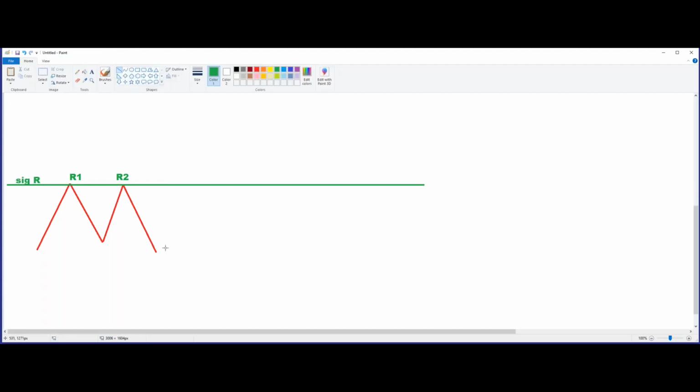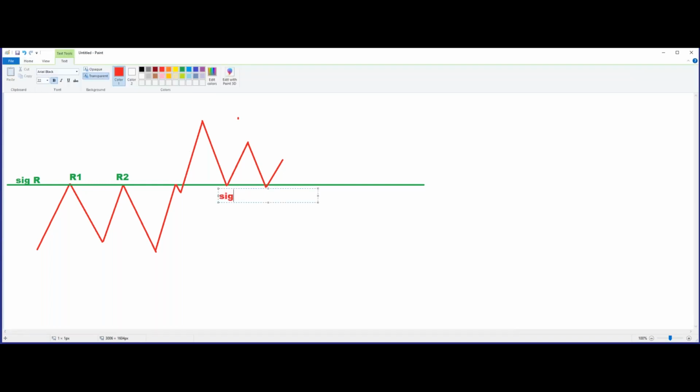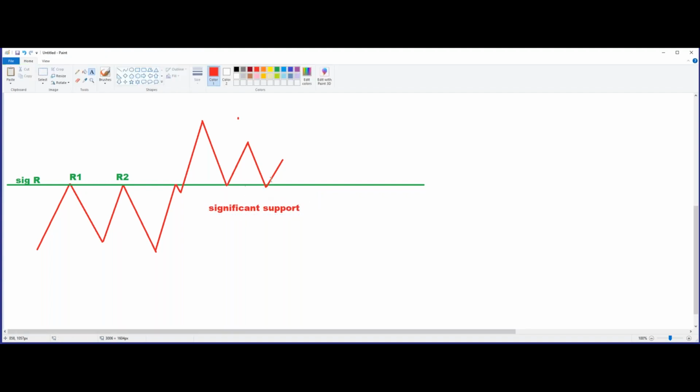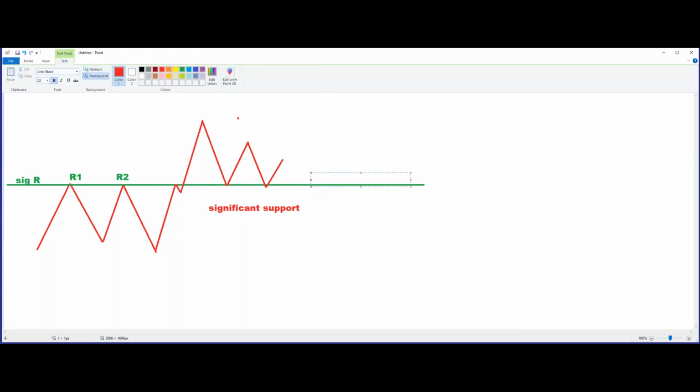Then suddenly price breaks up, and let's suppose it goes like this, going up, and suddenly going down again, going up and going down again, and going up. So it is now another significant support. Is it correct? We have significant resistance and we have significant support. So this line we call SSR, which means significant support and resistance.